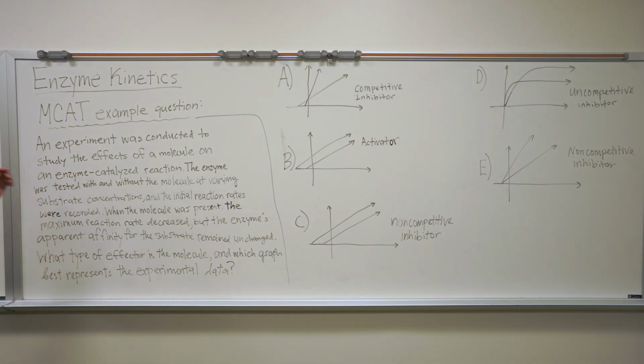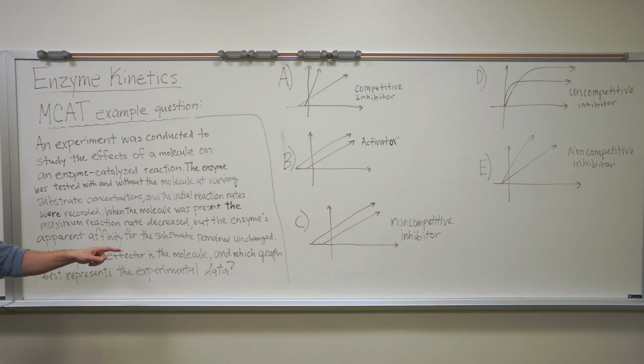So it says that an experiment was conducted to study the effects of a molecule on an enzyme catalyzed reaction. The enzyme was tested with and without the molecule at varying substrate concentrations, and the initial reaction rates were recorded. When the molecule was present, the maximum reaction rate was decreased, but the enzyme's apparent affinity for the substrate remained unchanged.